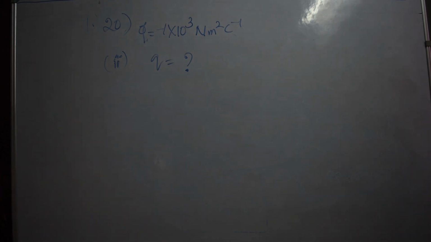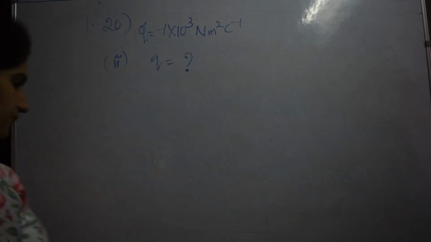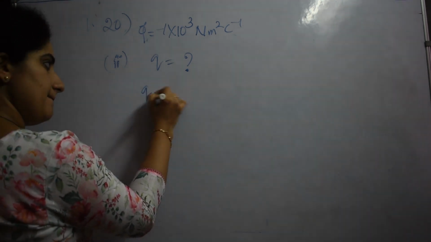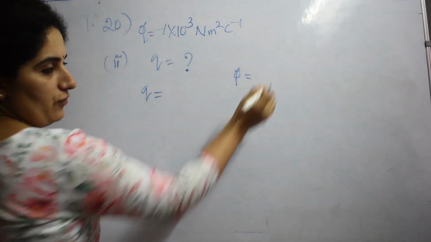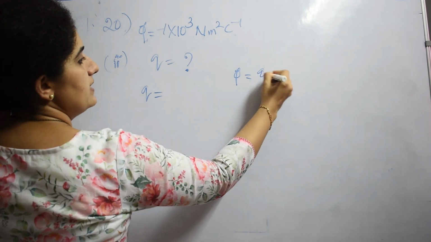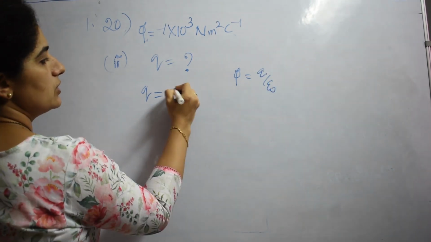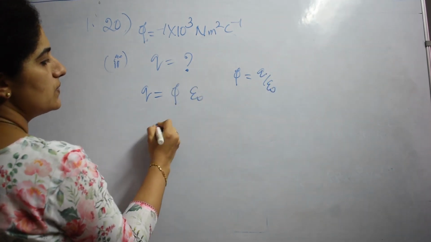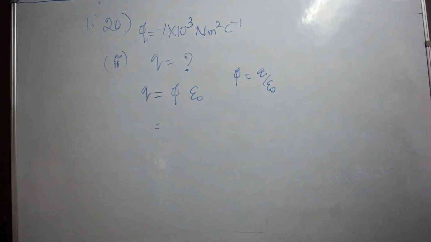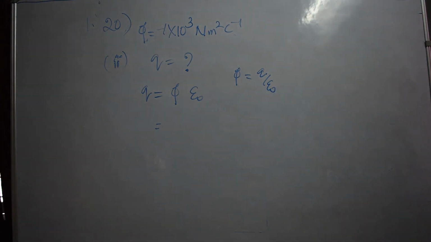Flux phi formula, correct? Flux phi is equal to Q by epsilon naught. So Q is equal to phi into epsilon naught. What is phi?